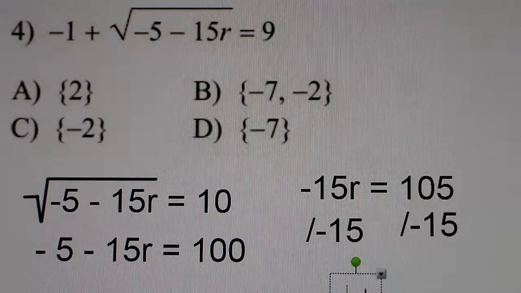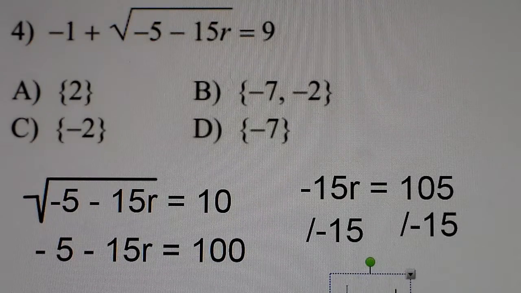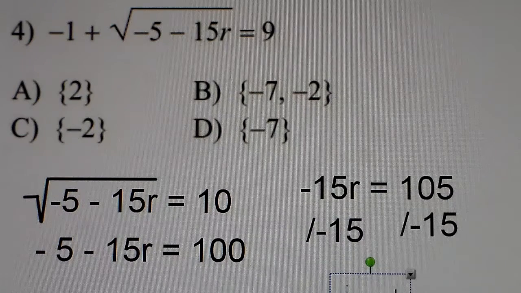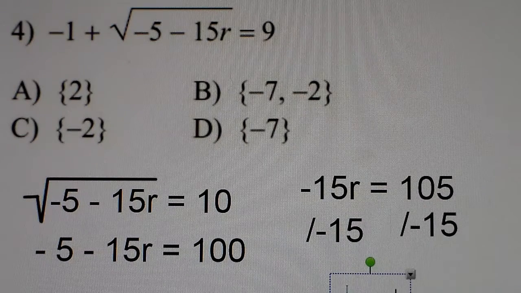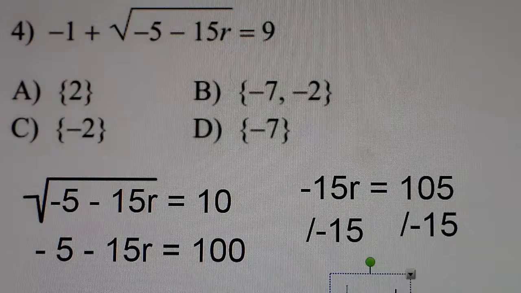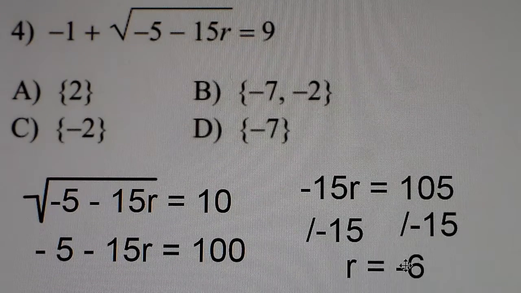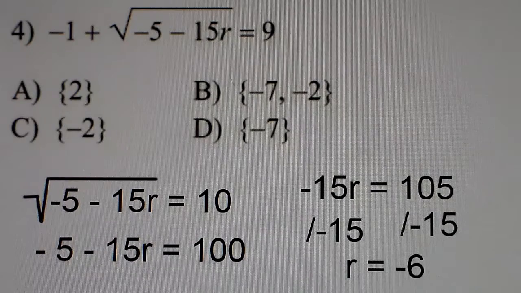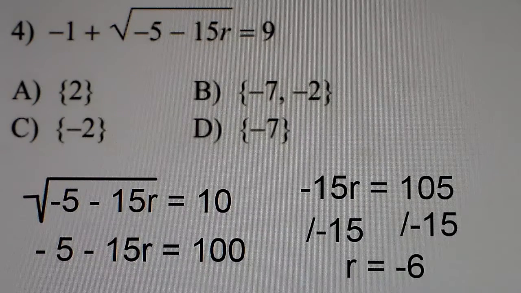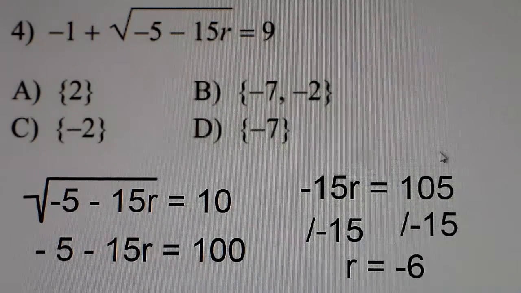When we do that, we get r equals negative 6, because 105 divided by negative 15 gets you a negative 6. That's the right answer for problem number 4.